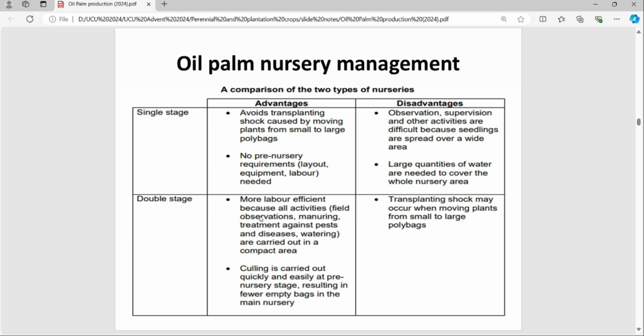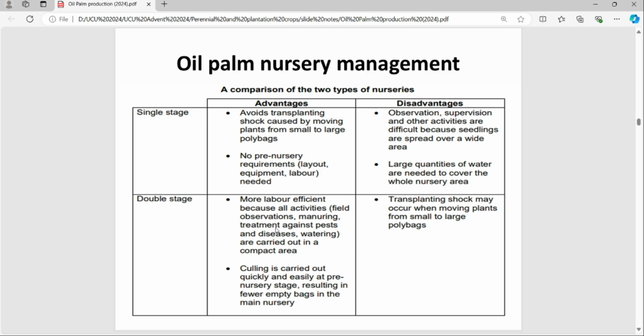And then for the double stage, where we start from the smaller polybags to the bigger ones, we see that more labor efficiency is in this method because the management practices are done in a compact area. We also see that culling is carried out quickly and easily at the pre-nursery stage, resulting into fewer empty bags because you're able to see the polybags that are missing or where the seeds did not germinate, and you replace them.